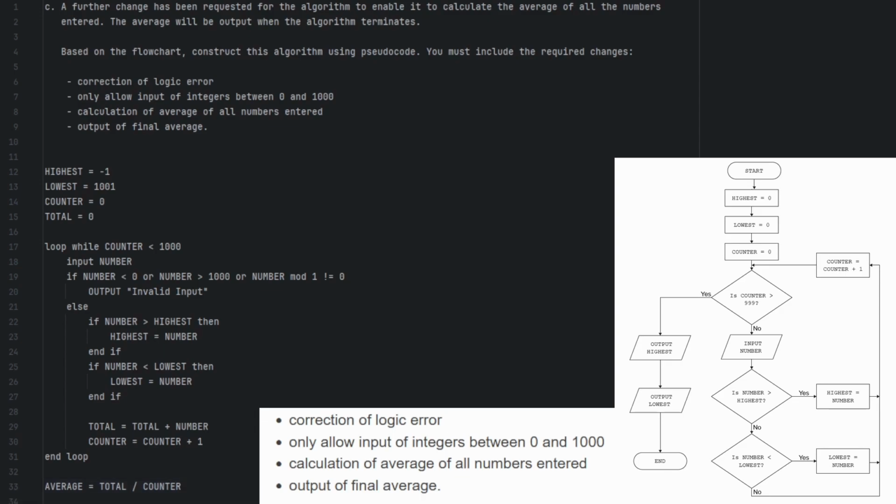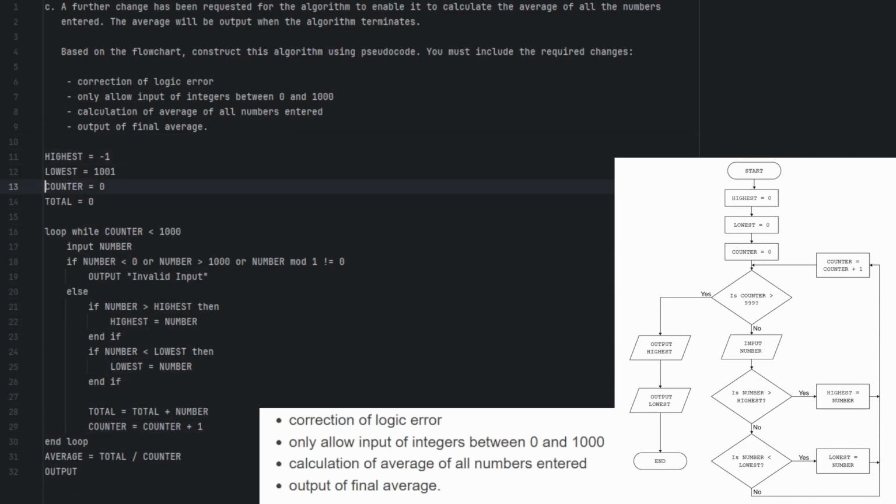And then we can give our outputs here. So at the very end, output highest, output lowest, and output average.